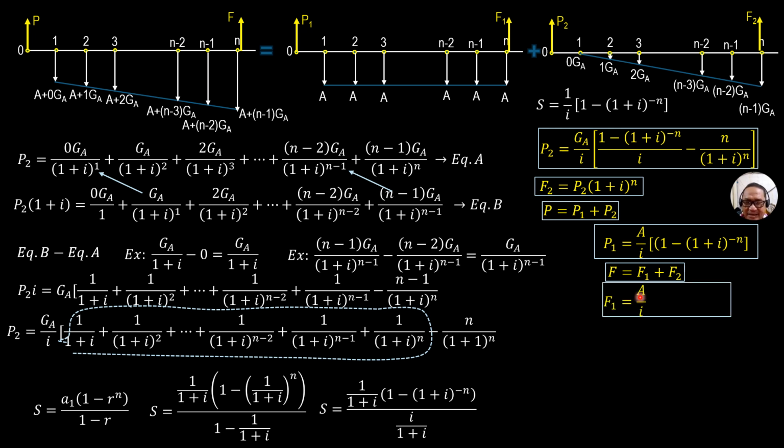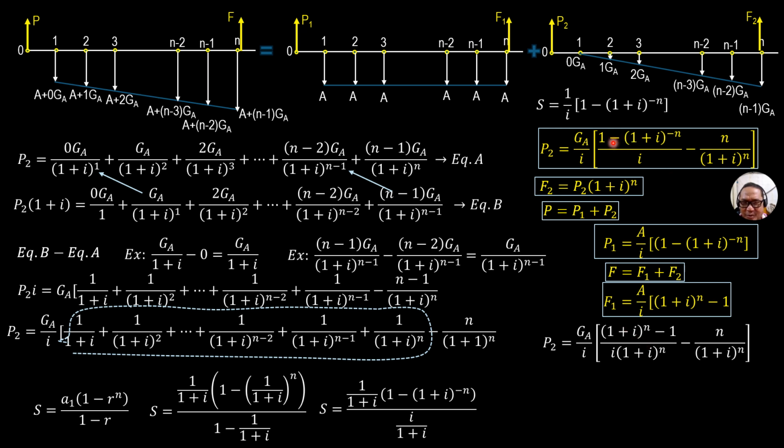So again, F1 is A over i, quantity 1 plus i to the n minus 1, remember, for this annuity. And P sub 2 is G sub A over i, quantity, this formula here. It is the same as this.